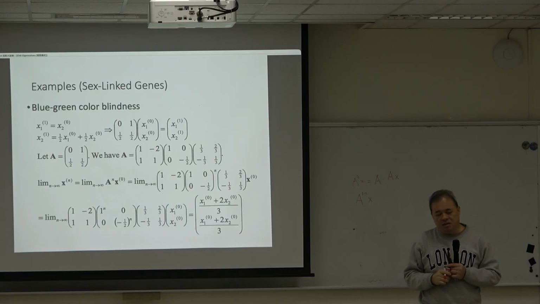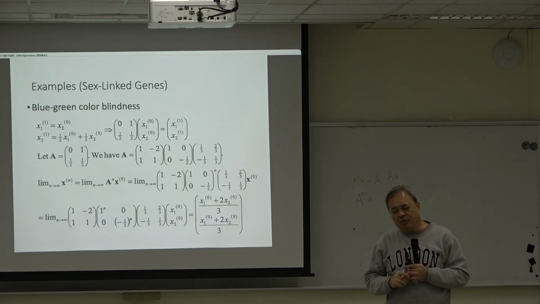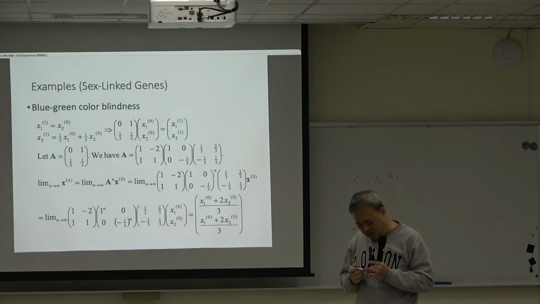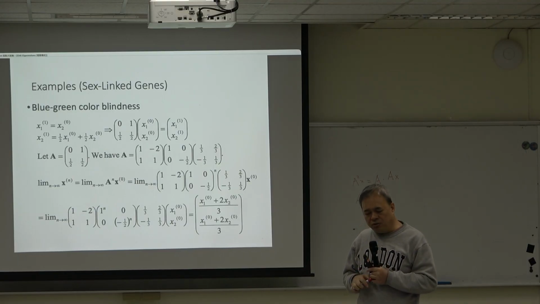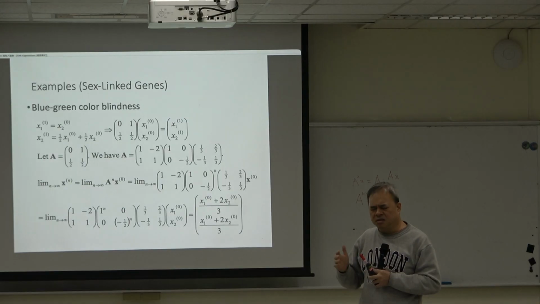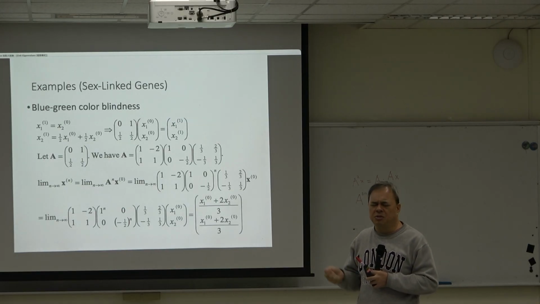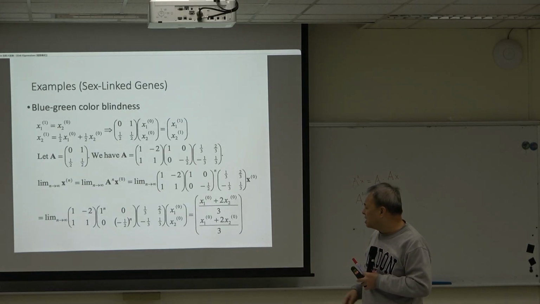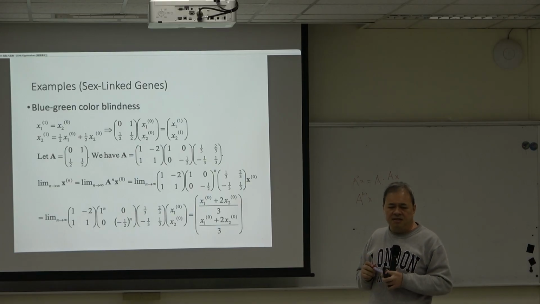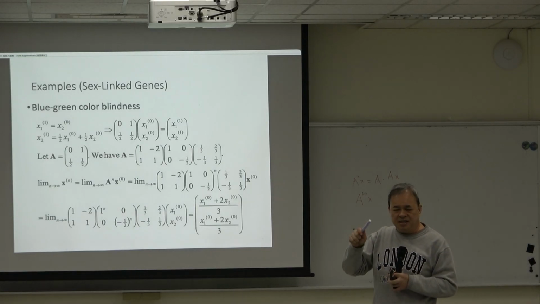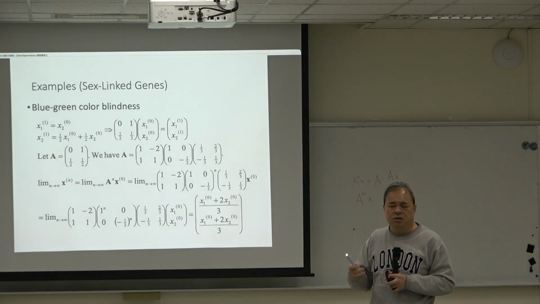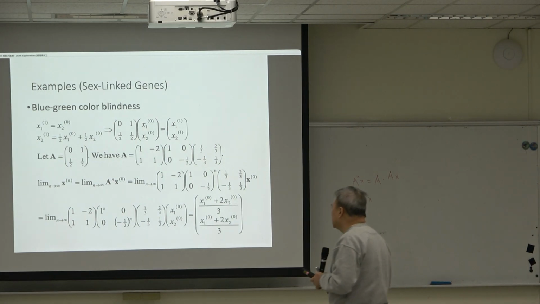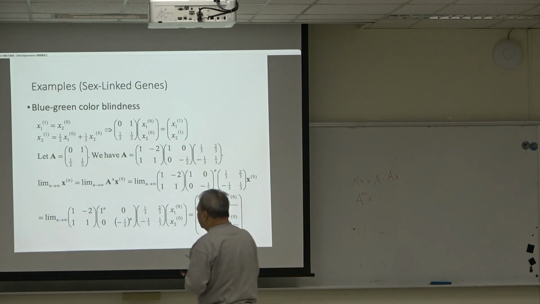This is the result we care about, in the long-term future, after so many generations, what is the distribution of this color blindness, where x is the initial condition.